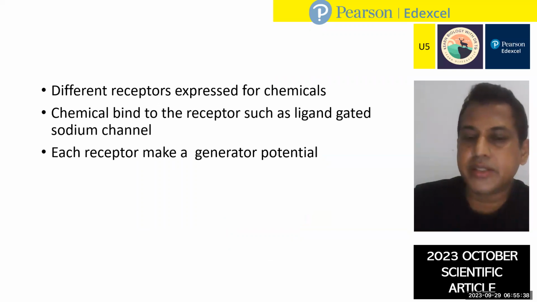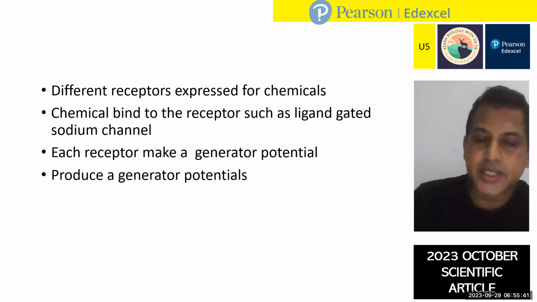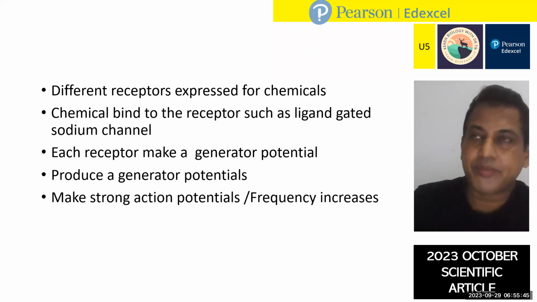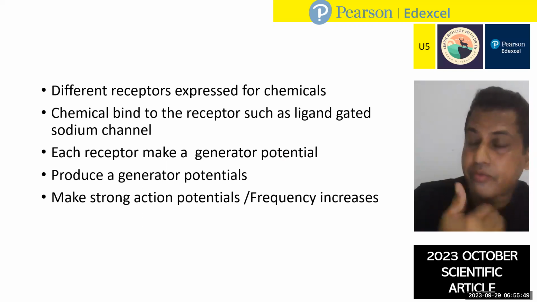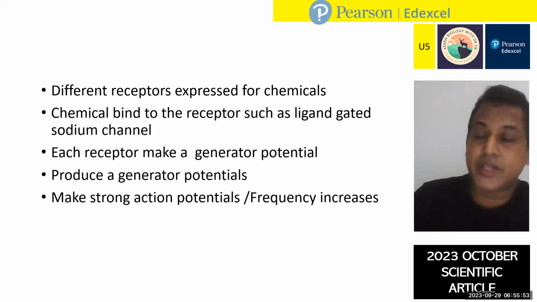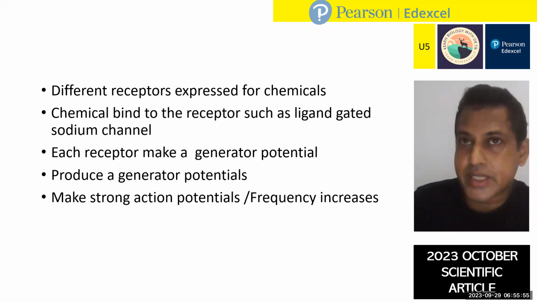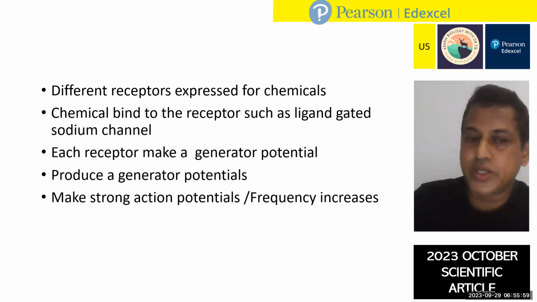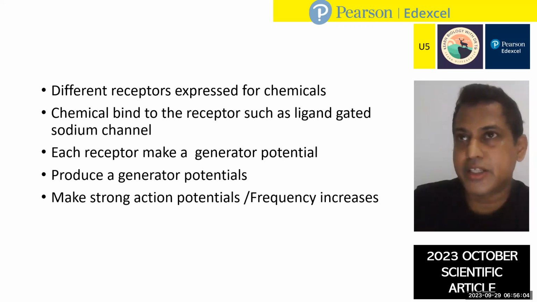Each receptor makes a generator potential, and generator potential generates one action potential. So action potential frequency increases, then the sensory nerve makes action potentials, and the stimulus goes to the brain and central nervous system, and it communicates continuous pain.